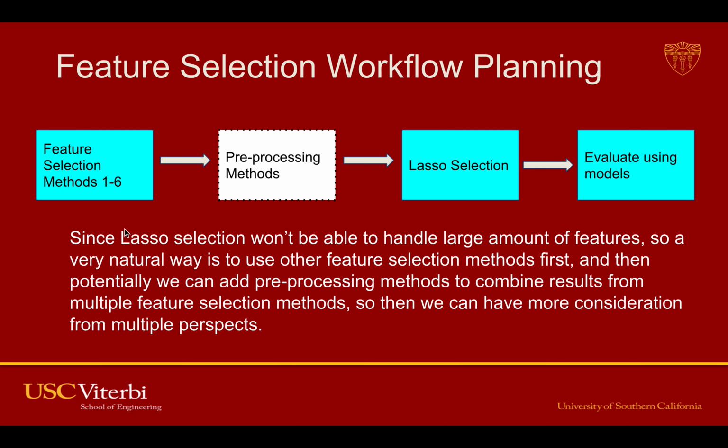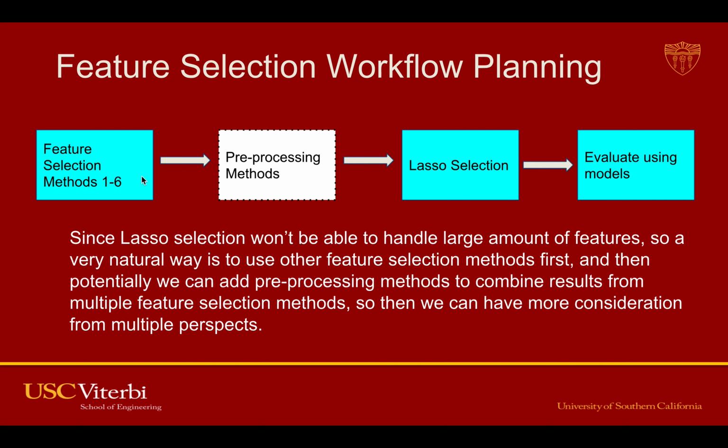The reason we designed this is because lasso selection cannot handle a large number of features, so it's natural that we reduce the feature numbers from a huge number to a number that lasso selection can handle.